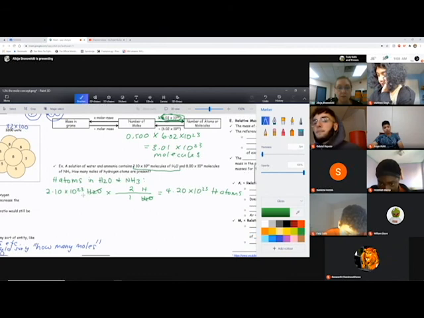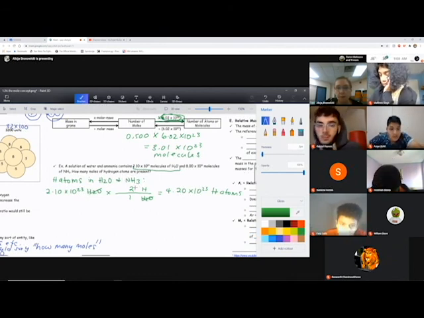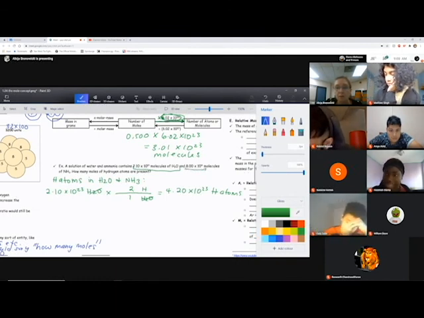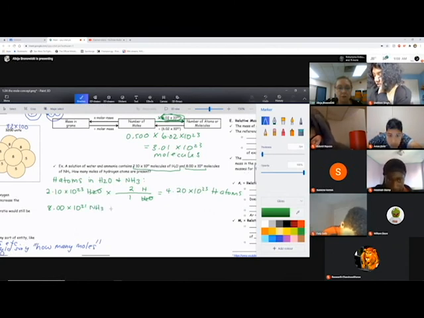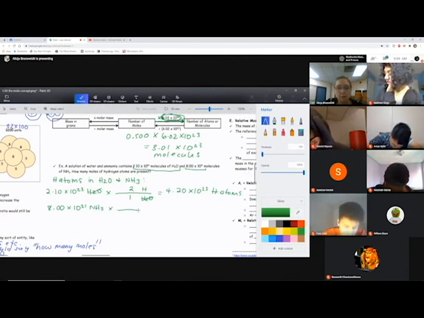And so now let's do the same thing for ammonia. I have 8.00 times 10 to the 21 molecules of ammonia. So 8.00 times 10 to the 21 NH3 times.